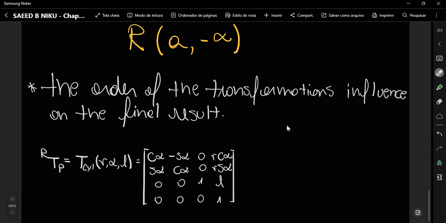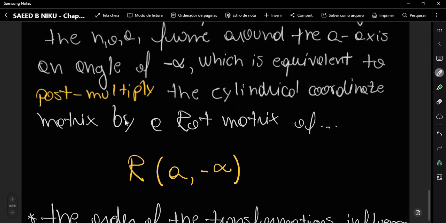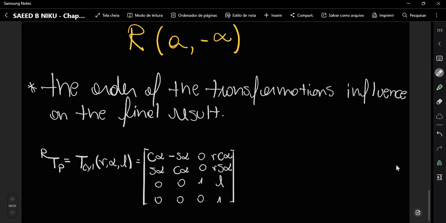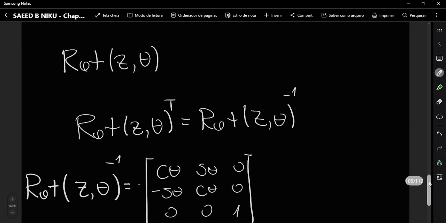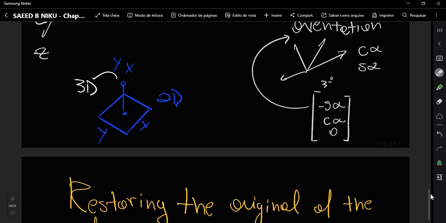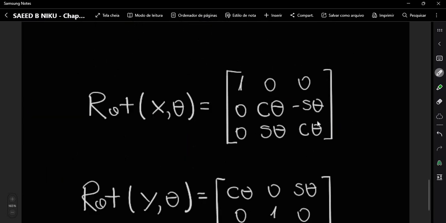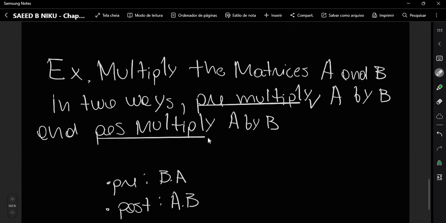So the order of the transformations influences the final result. So we are post multiplying, and if you remember, that means multiply by the right or by the left. Let's see, let me look for this. Right here, post multiply.